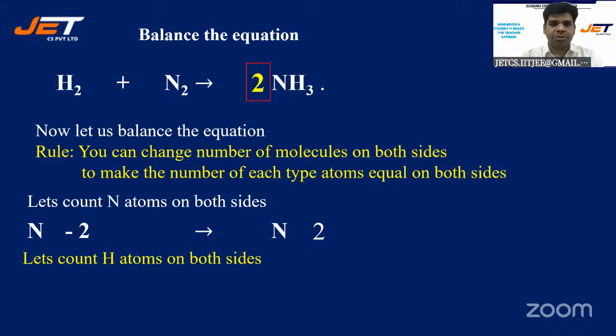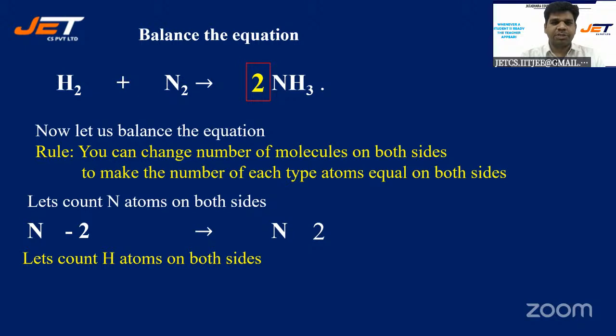Now when I write 2 over here, as written in the red box, as a coefficient to the ammonia molecule, that now makes 2 nitrogen atoms on the product side. Product side lo ippudu 2 nitrogen atoms అయిపోయినాయి. So reactant side lo 2 nitrogen atoms ఉన్నాయి, product side lo కూడా 2 nitrogen atoms ఉన్నాయి.